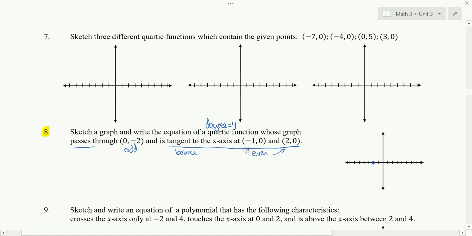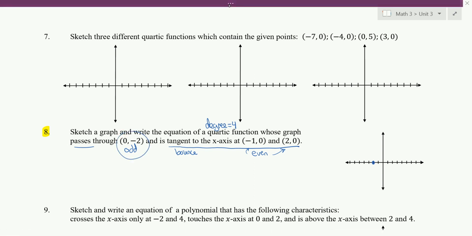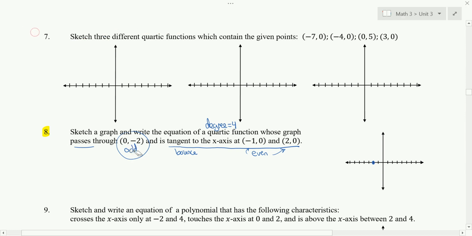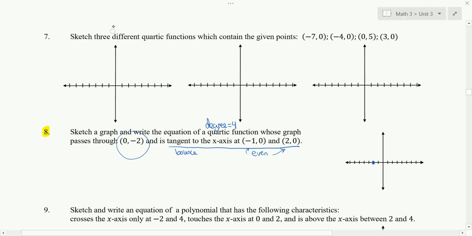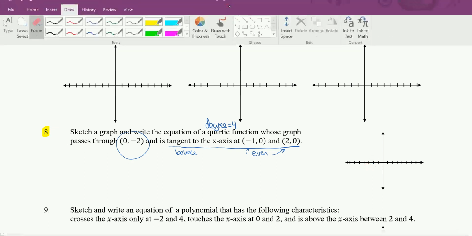And I'm sorry, I was wrong. This is not even an x-intercept, so we do not have an odd multiplicity there. That's actually the y-intercept, so I need to correct that. So let's fix the value here.